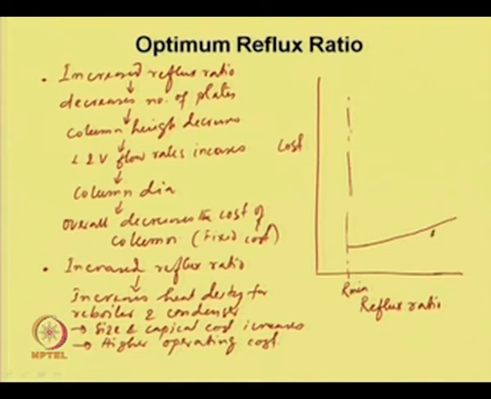This is the operating cost, and the fixed cost initially will be higher and then it decreases and then it increases.